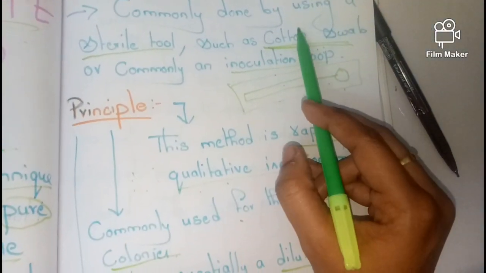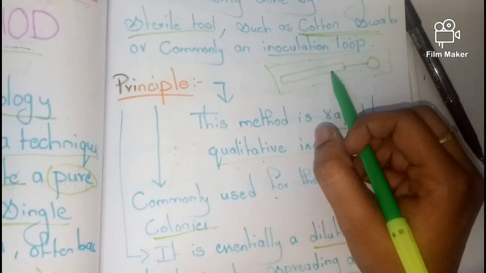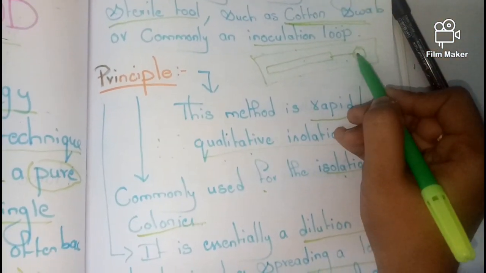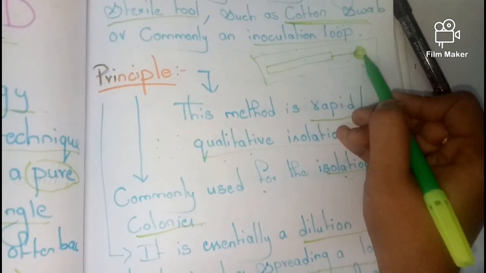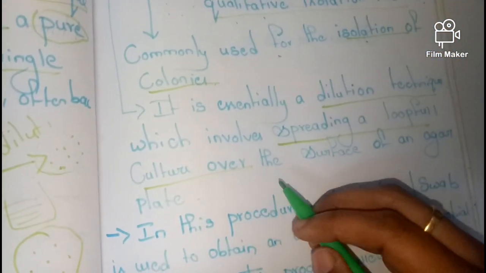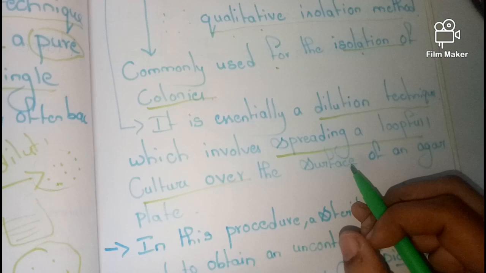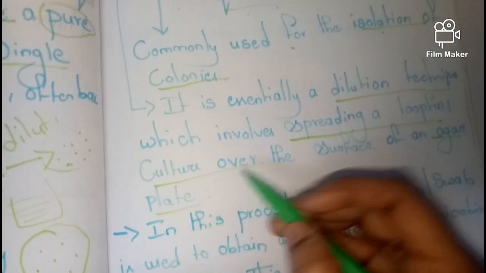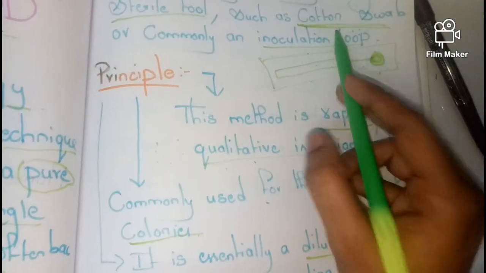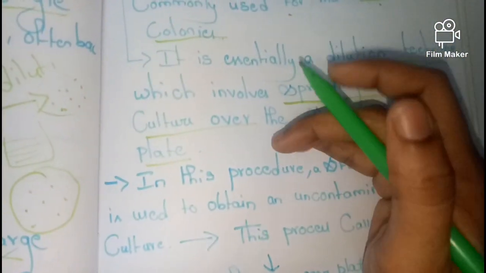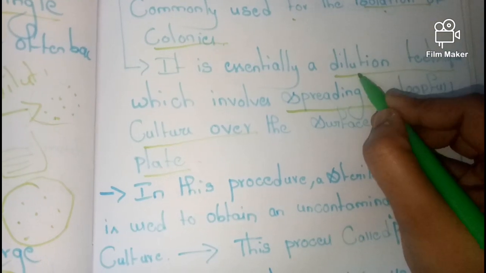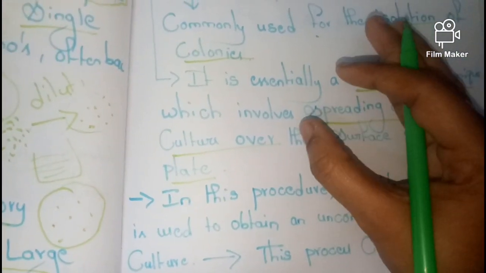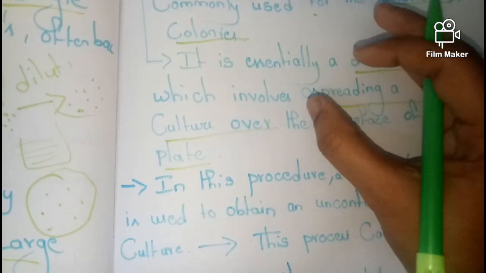Using the swab or the inoculation loop, we collect a complete loopful of inoculum and spread that culture on the surface of the agar plate. That is how the dilution is done, taking the pure culture from the sample having the higher dilution.